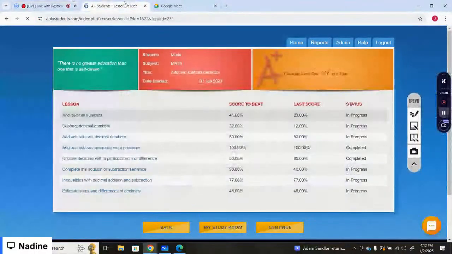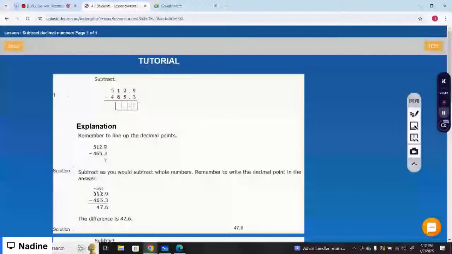Let me just move on to next lesson. Subtracting decimal is same as adding.